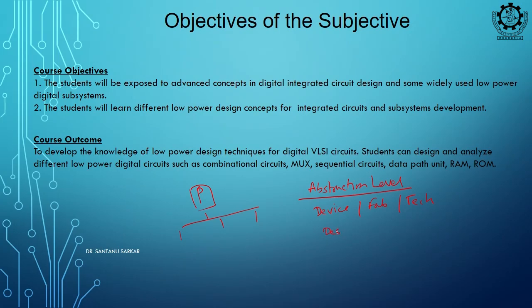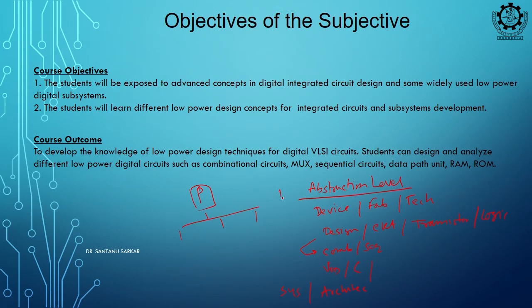Then is design, circuit, transistor level diagram or logic, which will include both combinational and sequential. Third is VDD scaling, capacitance scaling. And next is system level or architecture level. We will be following this pattern.